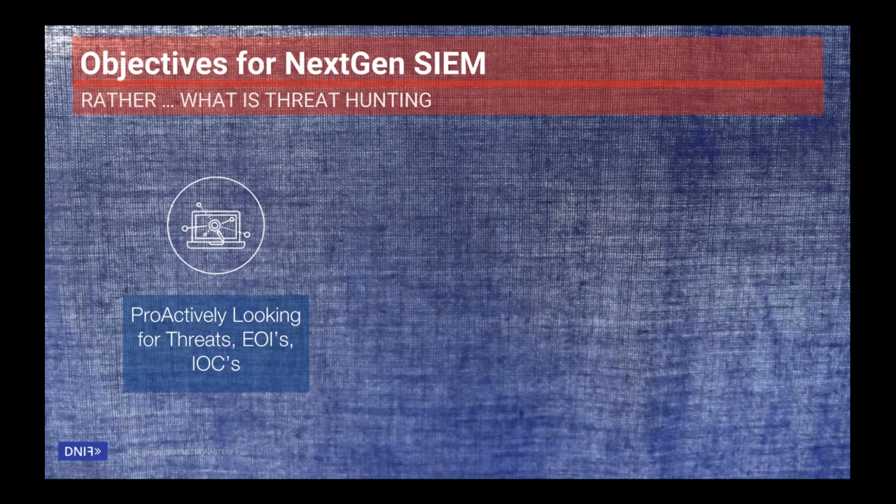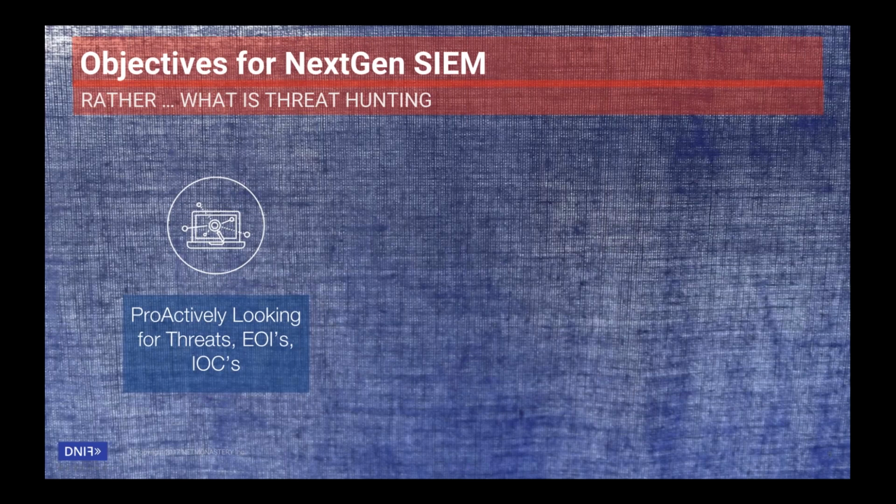And an IOC can be an IP address, or a file name, or a file hash, or a piece of code, right? Which is known to be bad. The cybersecurity community essentially collaborates on IOCs, where I know, hey, this is a bad file name, or this is a bad file hash, or this is a bad domain name, or this is a bad URL, right? So that intelligence is shared. That's what we call IOCs.